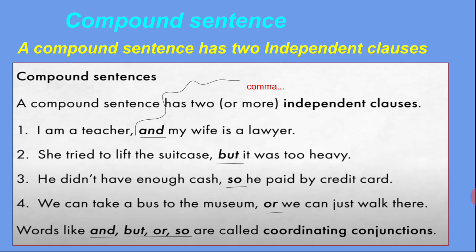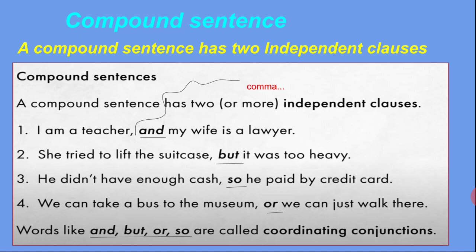Okay, next we'll move on to know what is a compound sentence. A compound sentence has two or more independent clauses. Some say there should be a comma after the first independent clause before adding a conjunction.